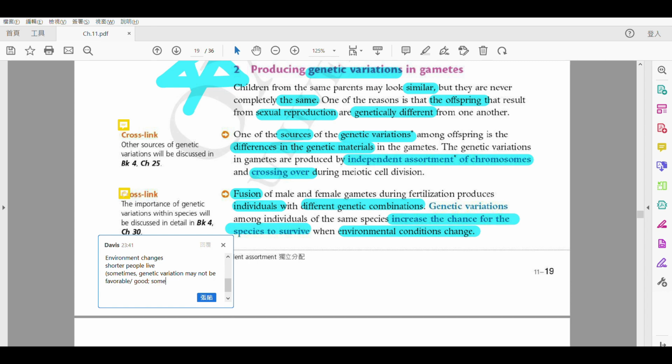Okay? But sometimes it may be good. For example, the environment changes, not shorter people live, 而係調轉翻啦, taller people live. 咁嘅情況就係 only your brother survives, 得唔得？Alright, somehow it can still increase the chance for the human race to survive, 得唔得？Okay, so if there is no question, we need to move on.